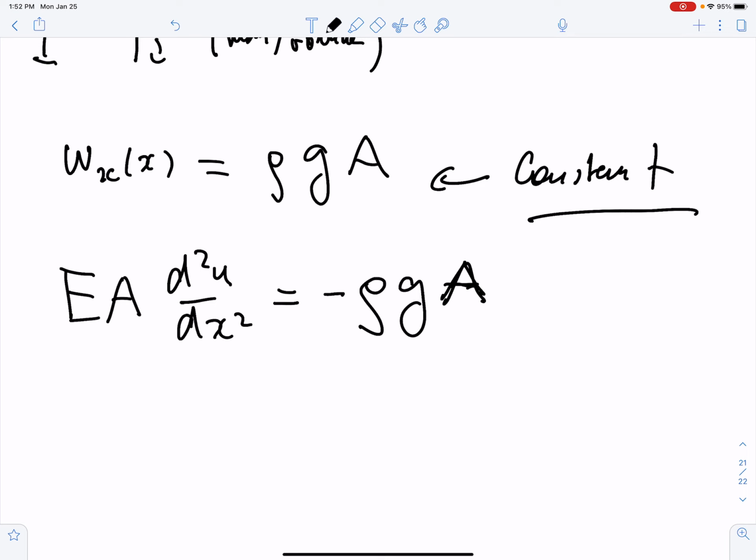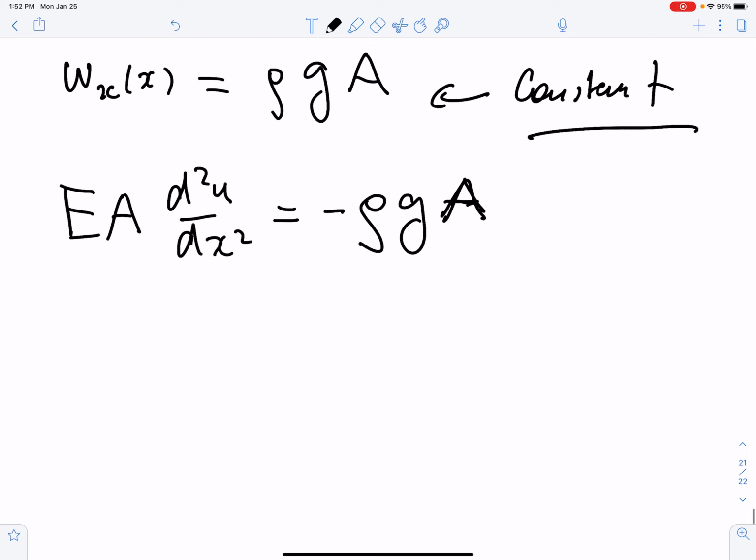Okay, so then I can go ahead and divide through by EA. A's go away, E comes here. So what is the first thing you observe? If I suspend a cable with one cross section, made of steel, for example, or any other material, and then next to it I suspend a cable of the same length, made of the same material, but with a completely different cross section, the detail of the cross-sectional area doesn't play a role.